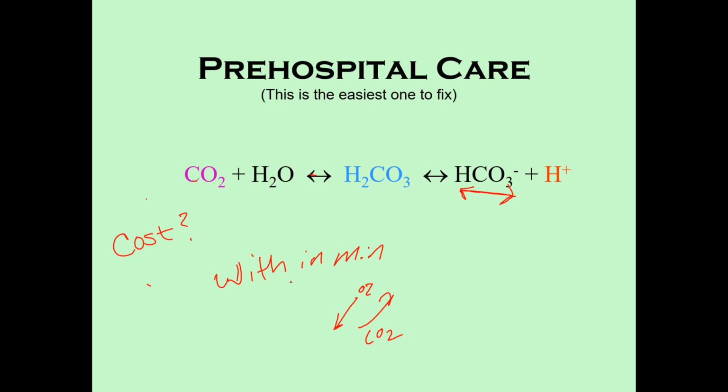Blow off CO2, get rid of it. That way we can drive the reaction back to the left, right? We can start getting bicarb, moving this back in, going from right to left, or in this case, left to right. Ventilate, ventilate, ventilate.